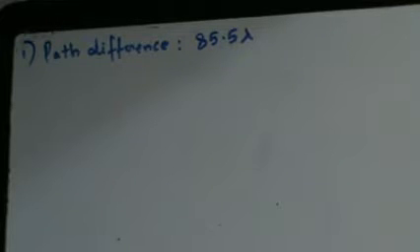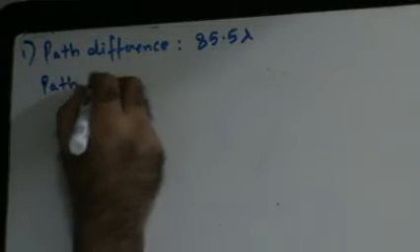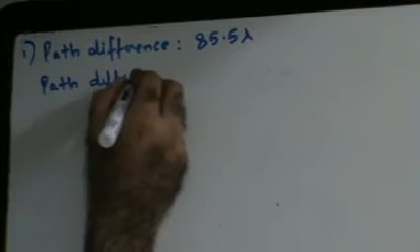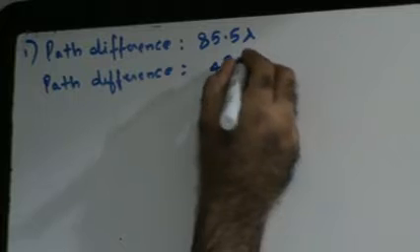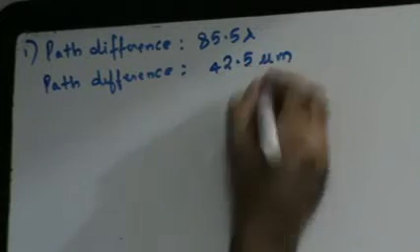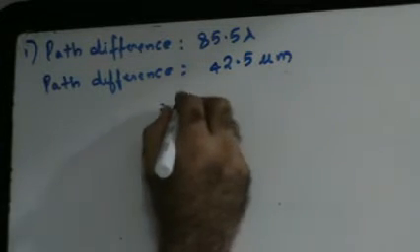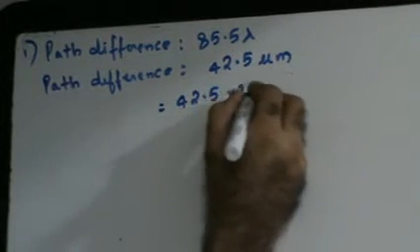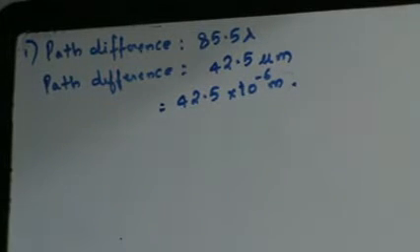If the path difference is 42.5 micrometers, calculate the wavelength.